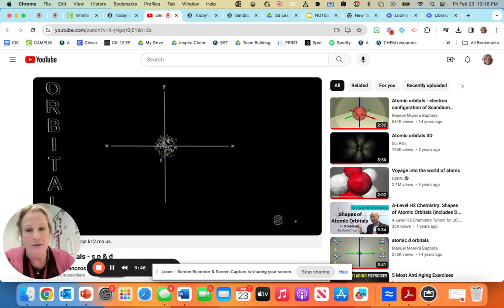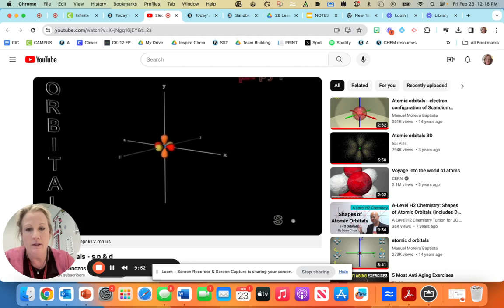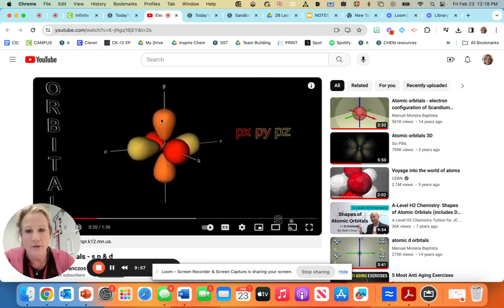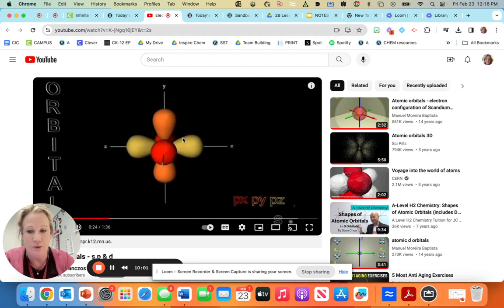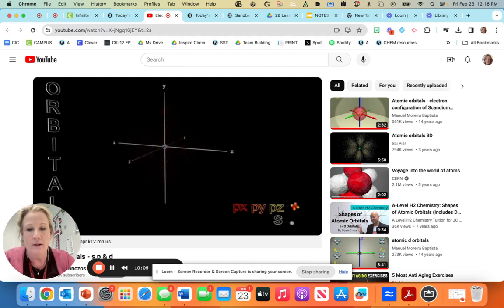And it's 3-dimensional. And then the next one, that one is L equals 1. So you see the orange, the red, and the yellow are each like dumbbells. So there's 3 of them, and those occur when you get to the second energy level.